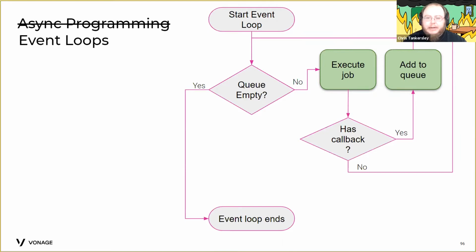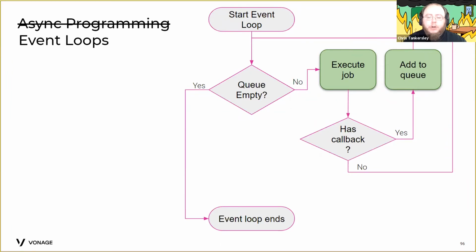Stop thinking about it necessarily as asynchronous programming, but more about event loop programming. So the big thing we focus on is: is the queue empty? If it's not empty, execute a job. Whether or not it has callbacks is just going to determine whether or not you throw more stuff on the queue. But keep running until your queue's empty, and then your event loop ends. That's the best way to sit down and think about this.